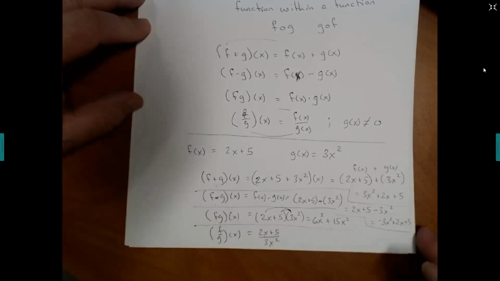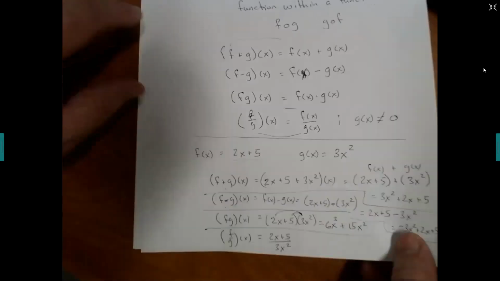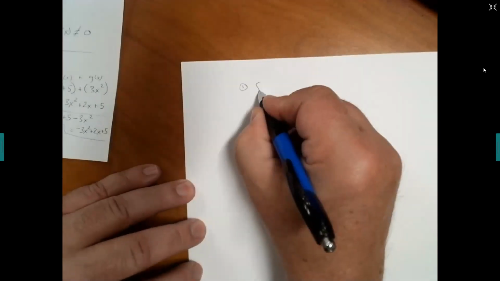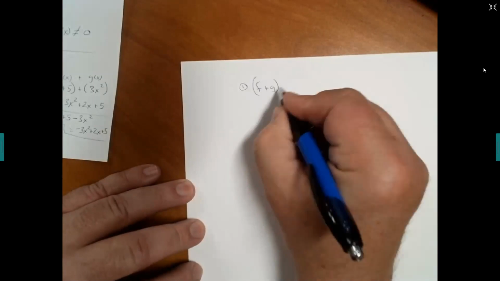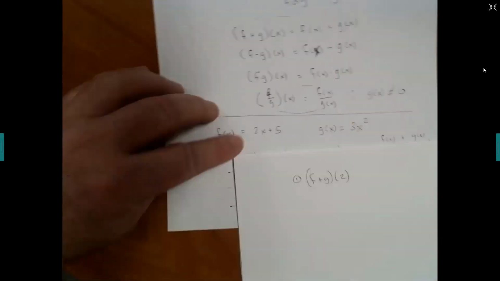Let's look at what the properties really tell us. F plus g of 2. We're using the same f and g.